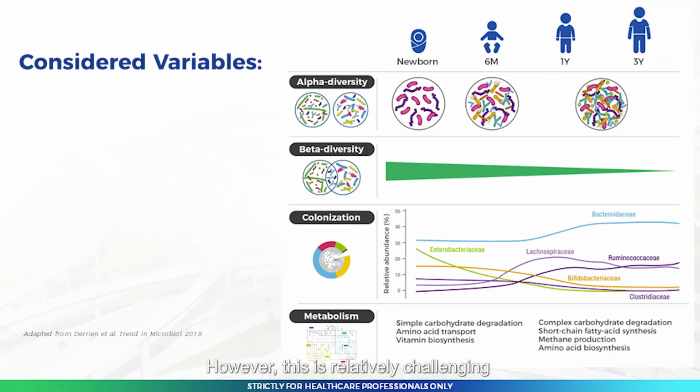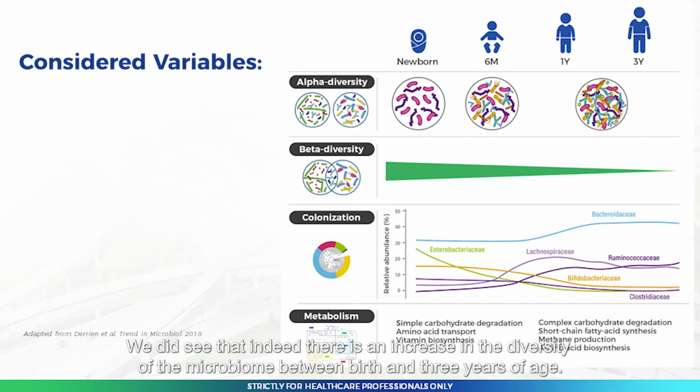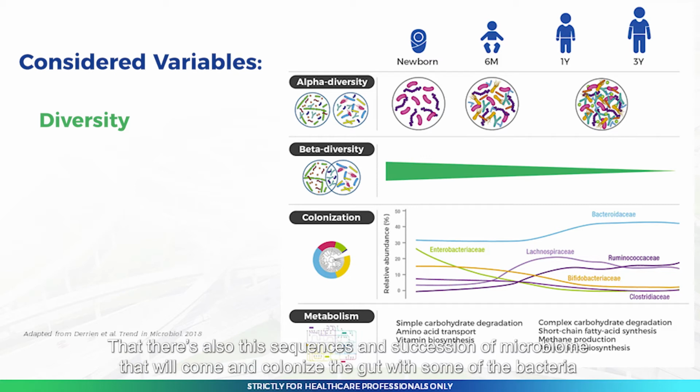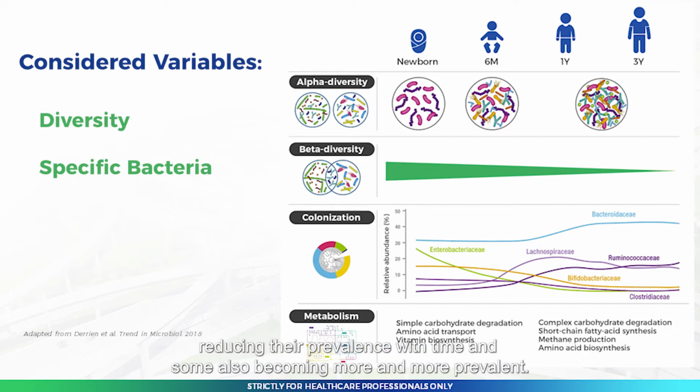However, this is relatively challenging because, as we saw before, the microbiome evolves in a very complex way. We did see that there is an increase in the diversity of the microbiome between birth and 3 years of age, but that there is also this sequential succession of microbes that come and colonize the gut, with some of the bacteria reducing their prevalence with time and some others becoming more and more prevalent.